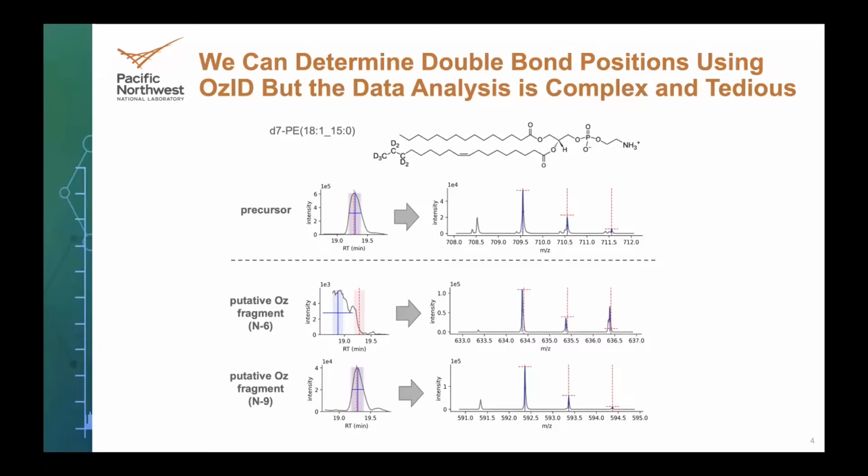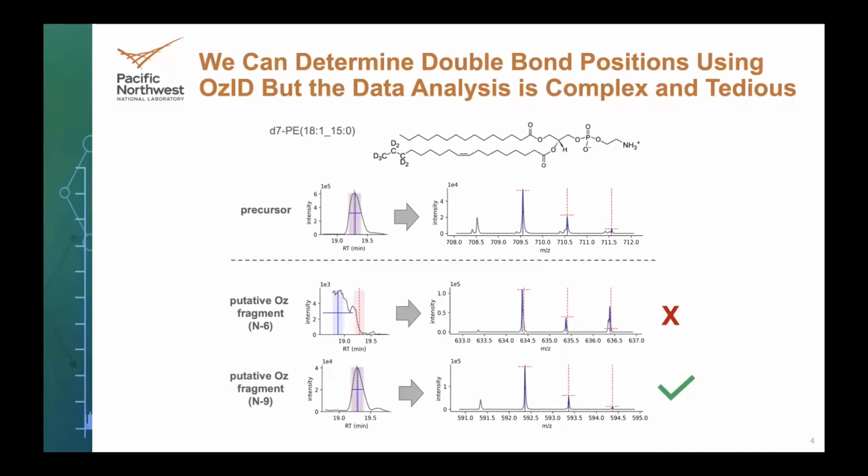In this case, it's pretty clear that this N-9 putative fragment matches well in terms of its XIC, and has really great agreement with the theoretical isotopic distribution. So we would say this is the likely annotation for this species. The main point here is you can imagine the complexity of the data processing, right?